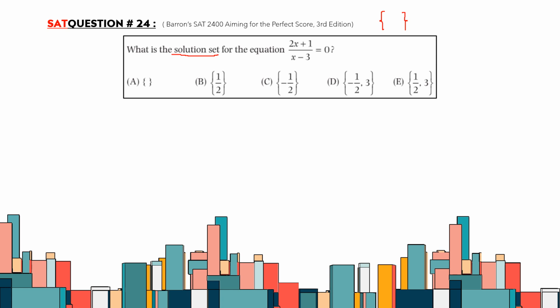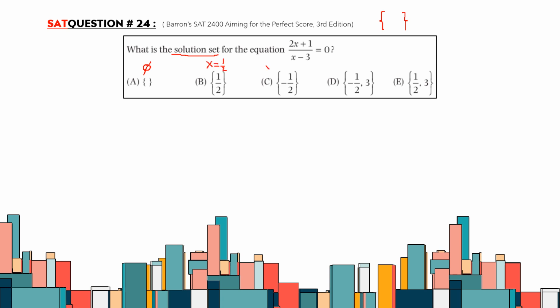As you see, A is the empty set, which means no solutions. B is the singleton, which has only one value, x equals 1/2.